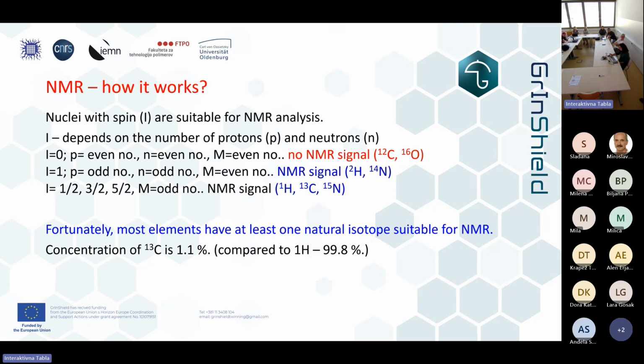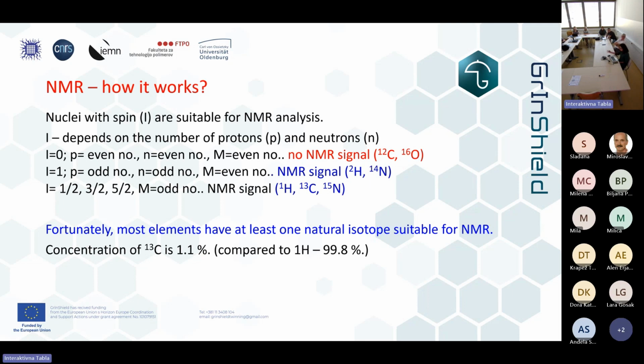Then we can measure those atoms which have an odd number of protons and neutrons, or they have spin 1.5 and so on. So we can measure proton, C13, N15, and so on.